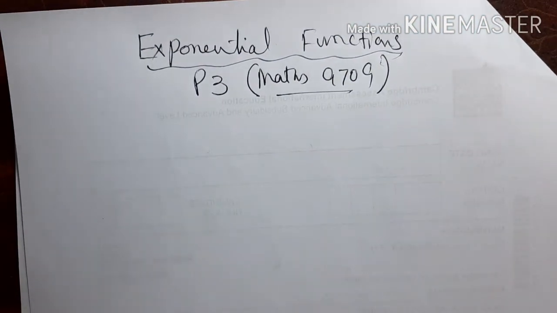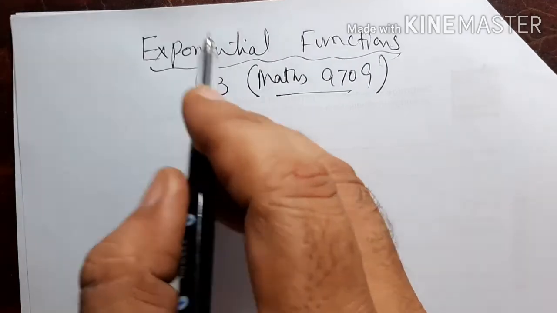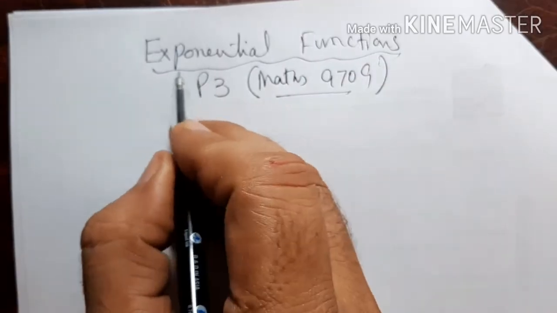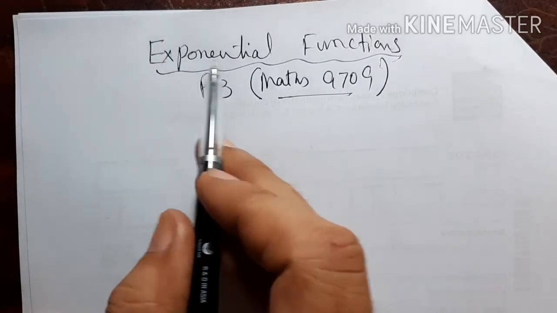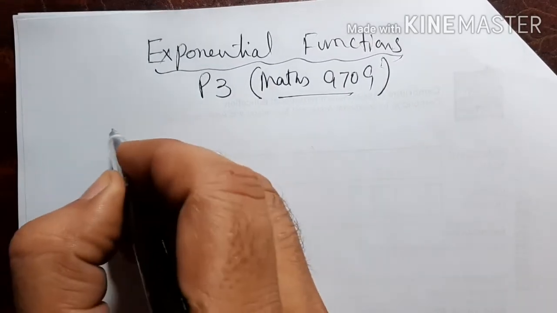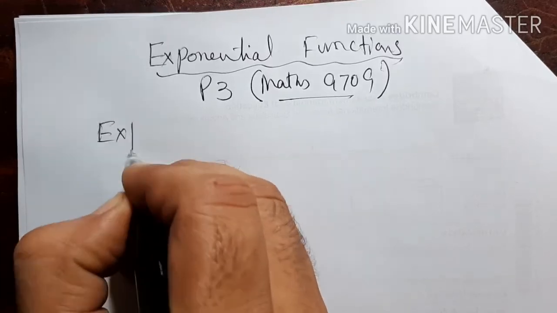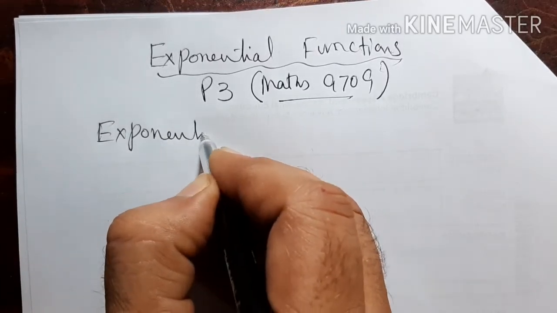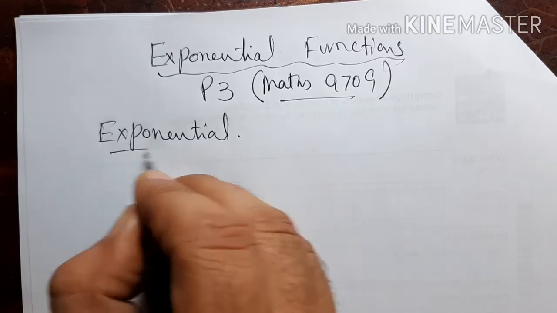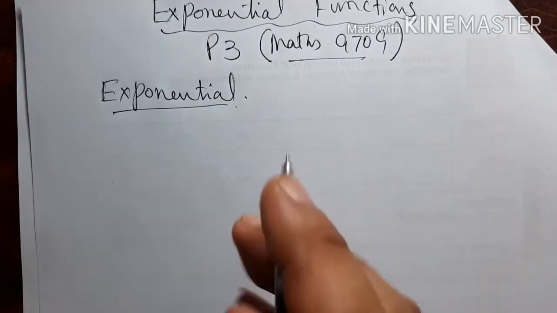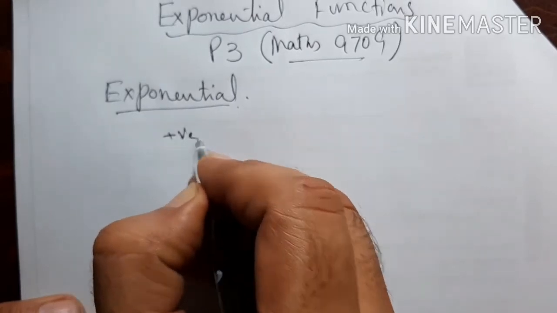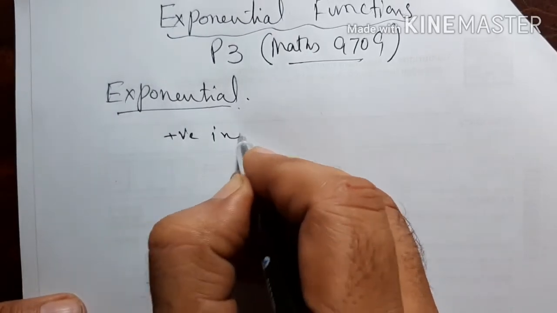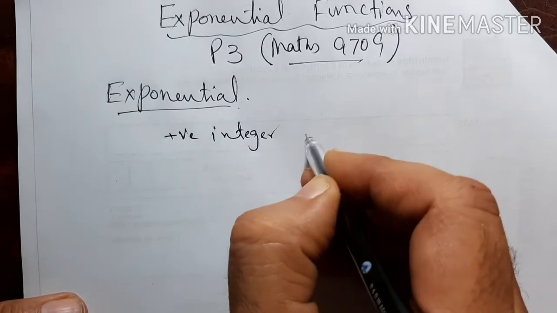To move towards the exponential function, we should first of all reflect on what is exponential. For example, we have a positive integer, let's suppose a.